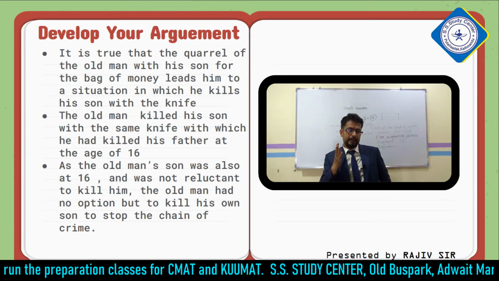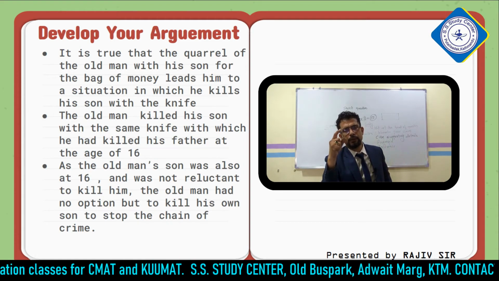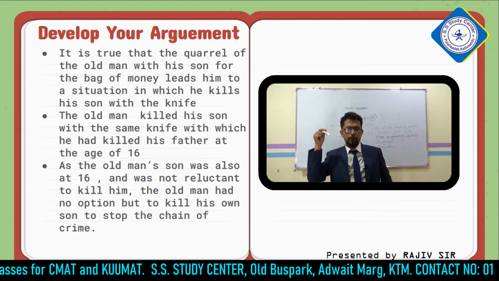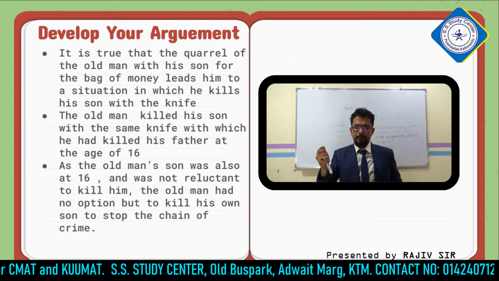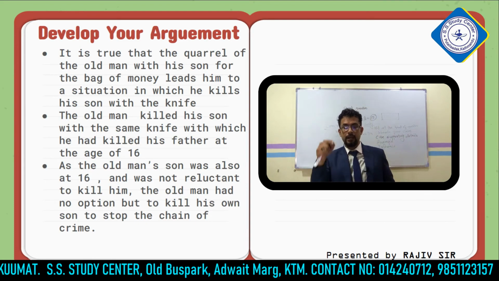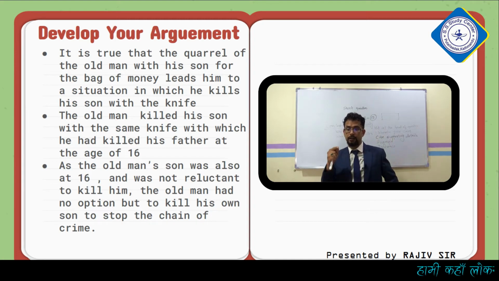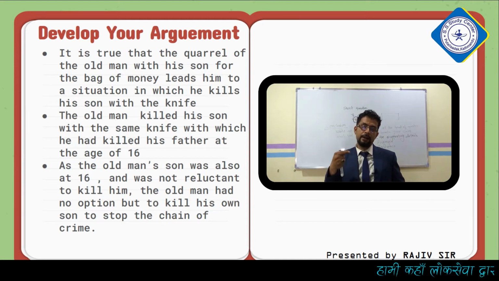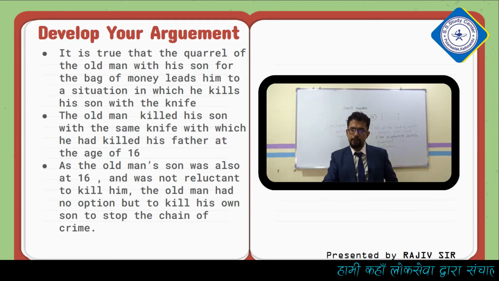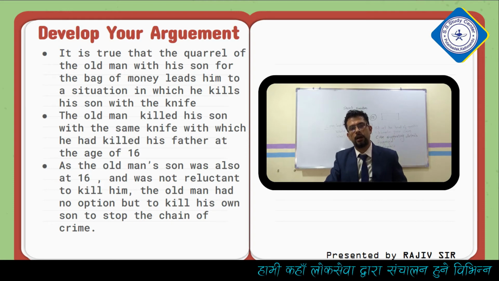The man killed his son with the same knife with which he had killed his father at the age of 16. As the old man's son was also 16 and was not reluctant to kill him, the old man had no option but to kill his own son to stop the chain of crime.